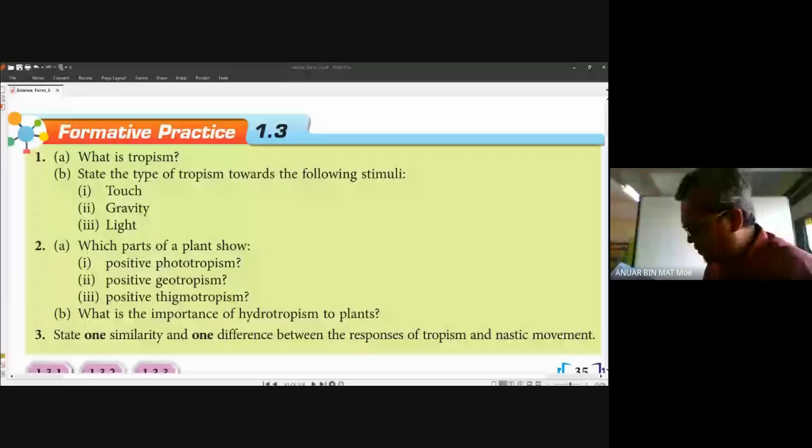And then for this workbook, Science Process Skill Form 3, you use this one. I do not give you so much homework because maybe you want to holiday.